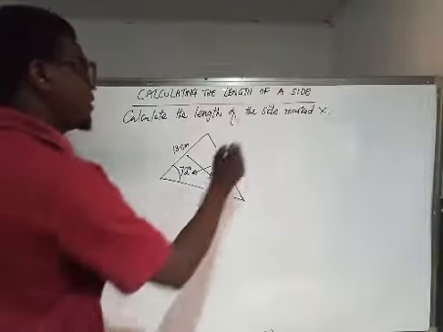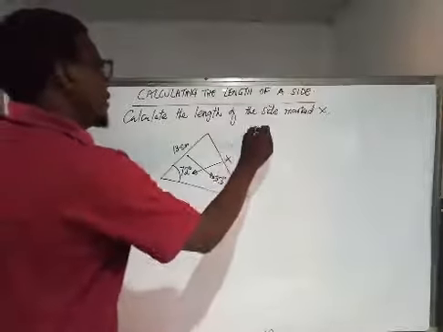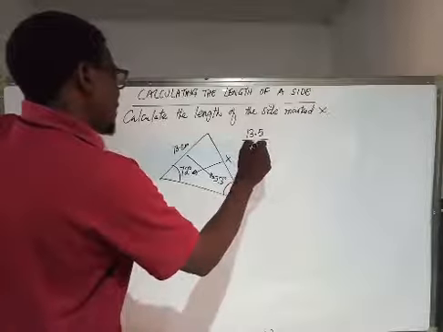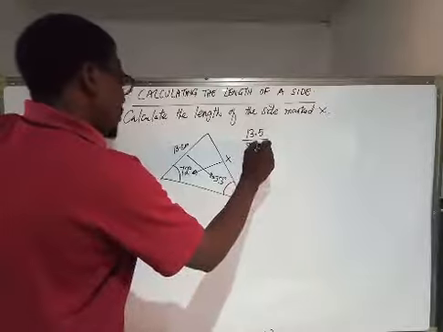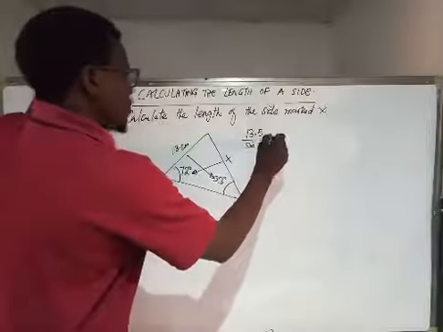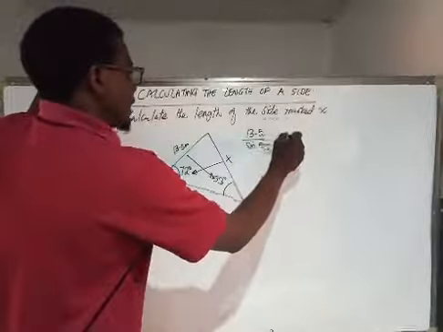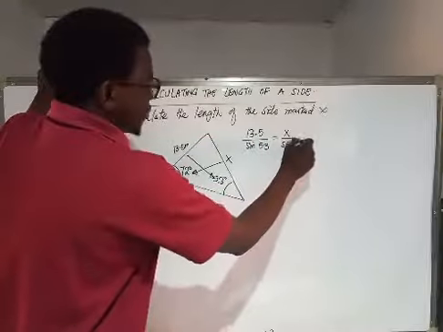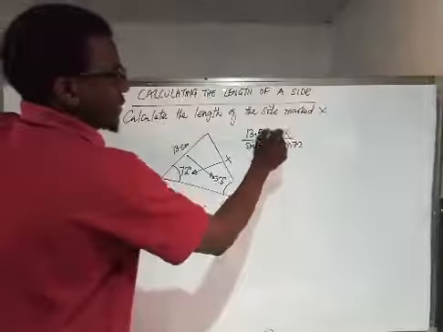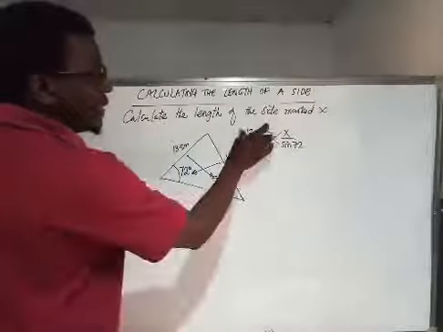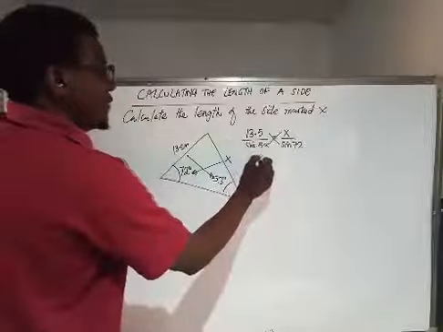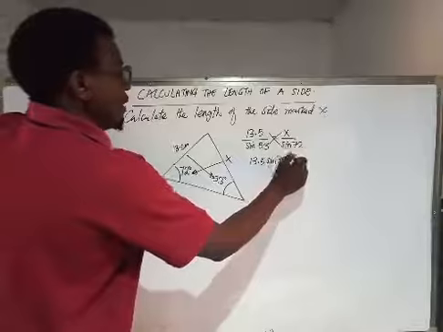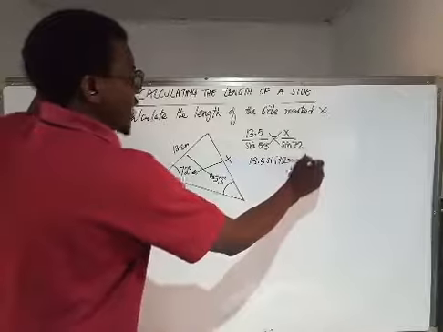So this is going to be 13.5 over sine 53, which is equal to side x over sine 72. Then we cross multiply, starting with the major diagonal: 13.5 sine 72 is equal to x sine 53.